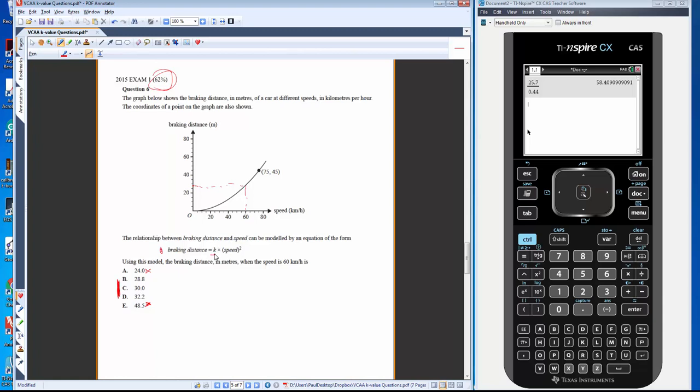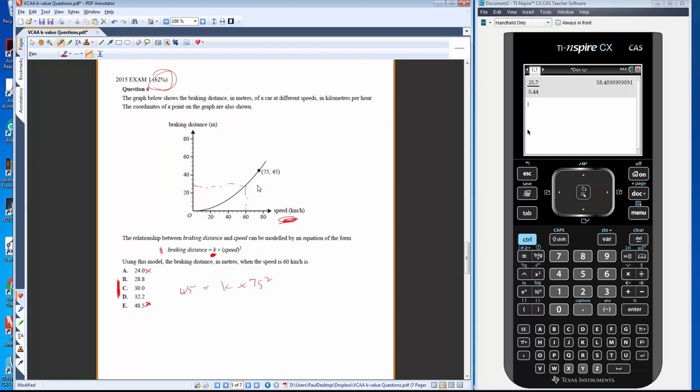Alright, so for this one, what we've got is an unknown k value. And what we're going to do is work it out. So we're going to sub this value in. Now braking distance is 45 meters equals k times the speed squared. Now let's not square that value, let's square that value, because this axis here is speed, not speed squared.